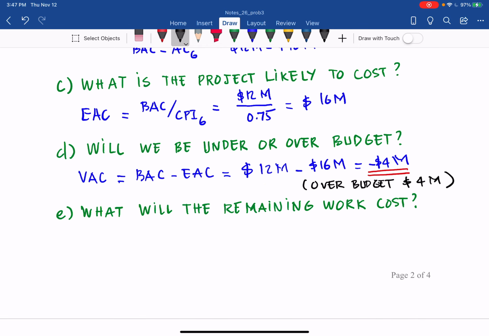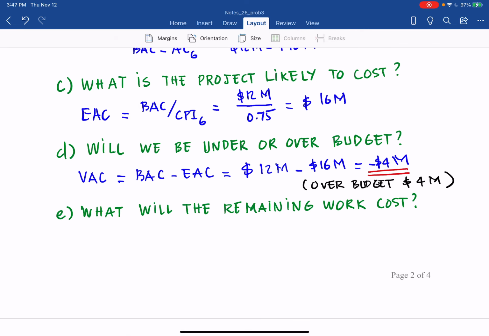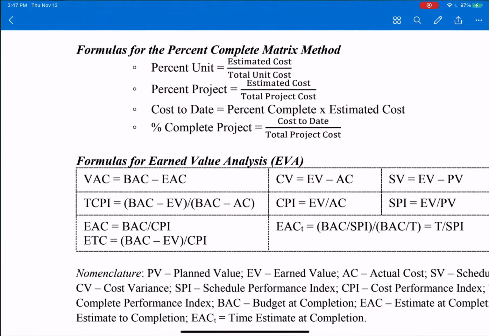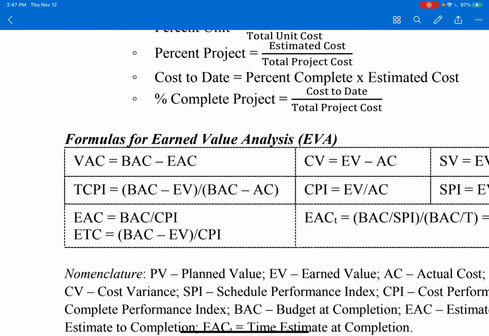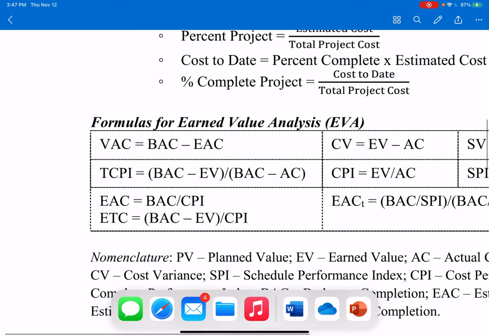What will the remaining cost of work be? So the estimate to complete, and the equation is also in there. Estimate to complete, ETC, equals BAC minus EV divided by CPI. So you can have that one.